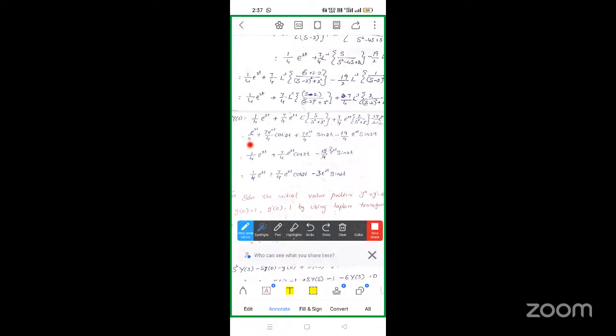So 1 by 4 e power 2t plus 7 by 4 e power 2t into, by the direct formula, L inverse of s by s square plus a square is cos at, so cos 2t, plus the other direct formula, sin 2t.